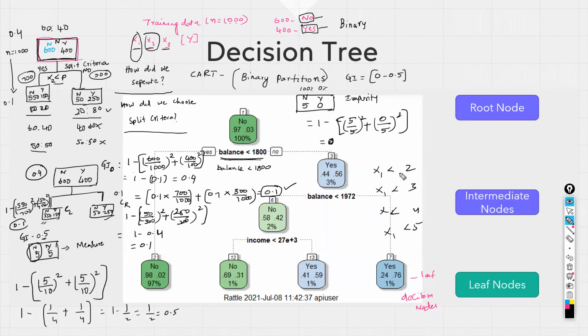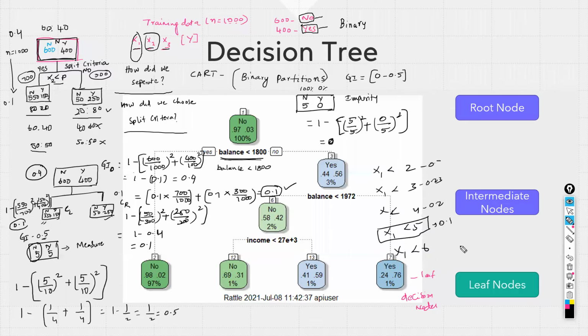Now, out of these 10 splits in x1, let's say x1 less than 5 is giving us a drop of 0.1. This is giving 0.2, this is giving 0.23, this is giving 0.3, this is giving 0.4.